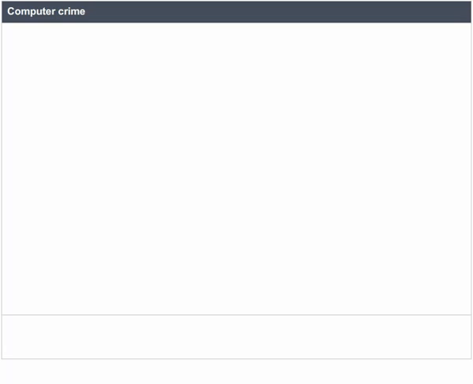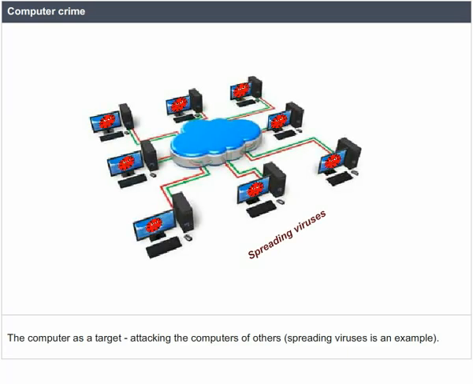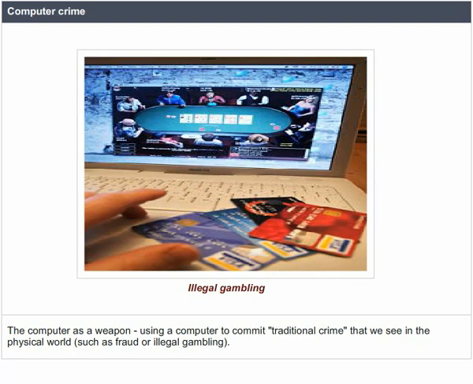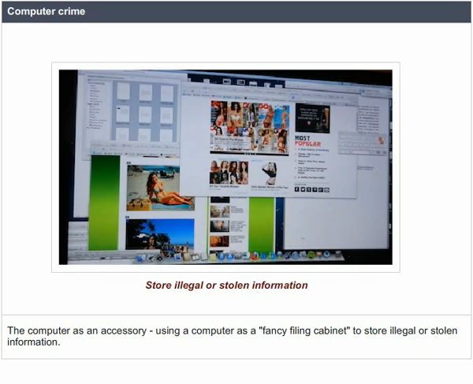Computer crime: the computer as a target, attacking the computers of others. Spreading viruses is an example. The computer as a weapon: using a computer to commit traditional crime that we see in the physical world, such as fraud or illegal gambling. The computer as an accessory: using a computer as a fancy filing cabinet to store illegal or stolen information.